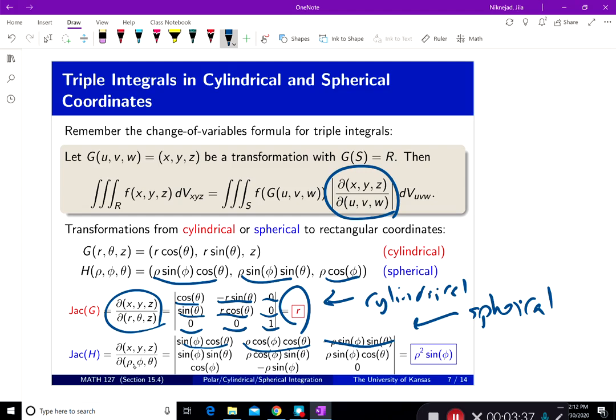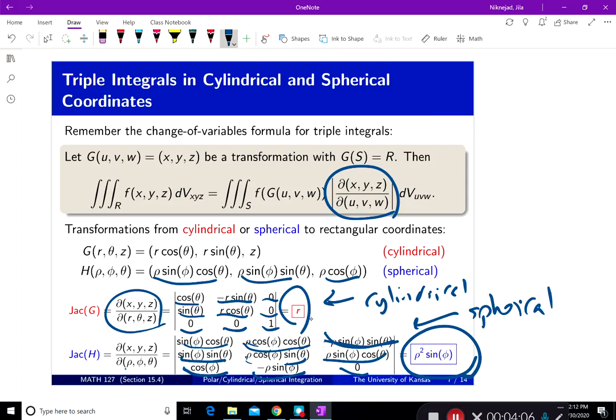Oh, I'm sorry, it says rho, phi, theta. So this one is with respect to phi, and this one is with respect to theta. And here, y with respect to rho, then y with respect to phi, then y with respect to theta, then z with respect to rho, z with respect to phi, z with respect to theta. And then when you calculate it using the determinant, you end up with rho squared sine phi.